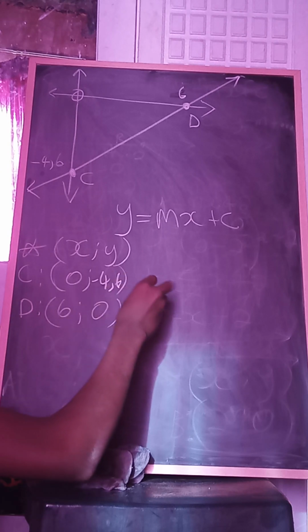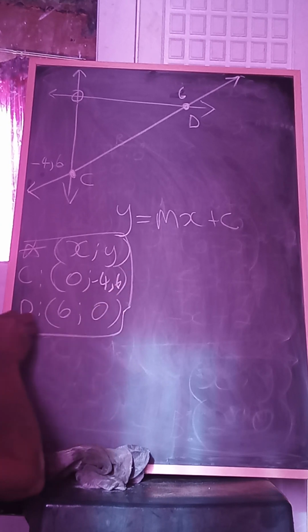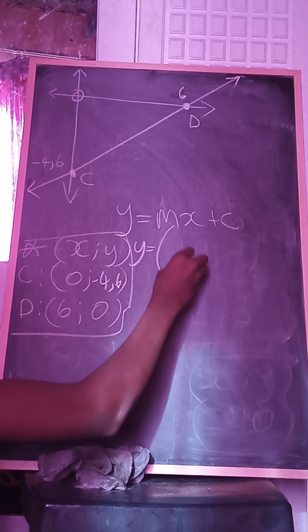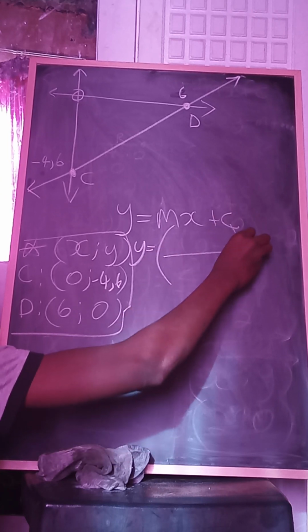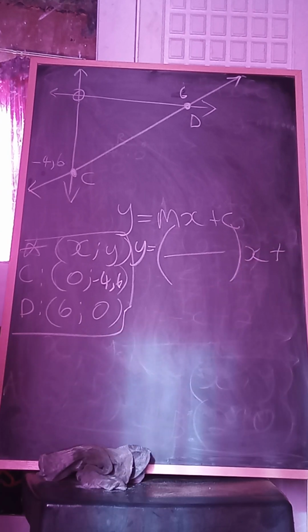So now you start with your coordinates. Then you say y equals, plus. What is our c? Our c is minus 4.6.